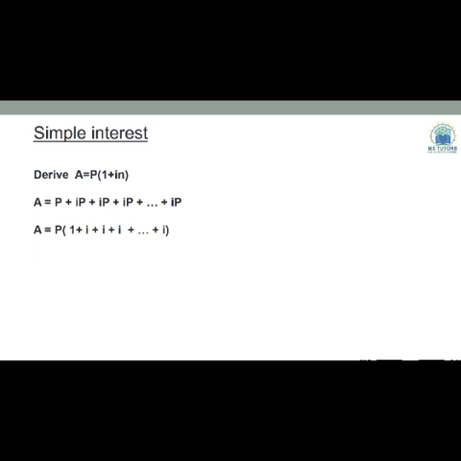So we can simplify that and say it's going to be P into 1 plus i multiplied by n, because there are n number of i's in this equation, right? So now you can just remove the bracket and you'll end up with the equation that we used in the previous example, right? So now we have derived the formula. We can now use it comfortably, right? So that's simple interest. Let's move on to compound interest.